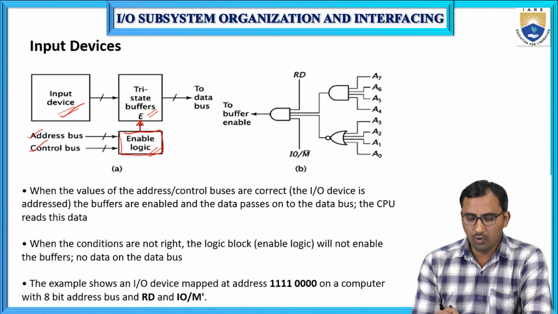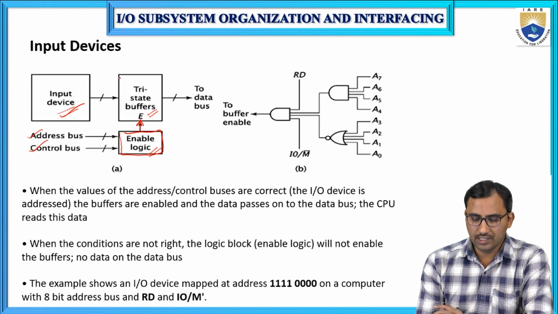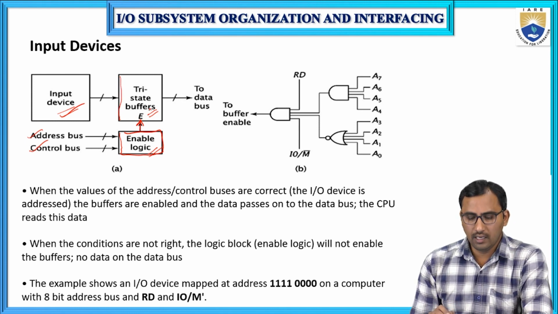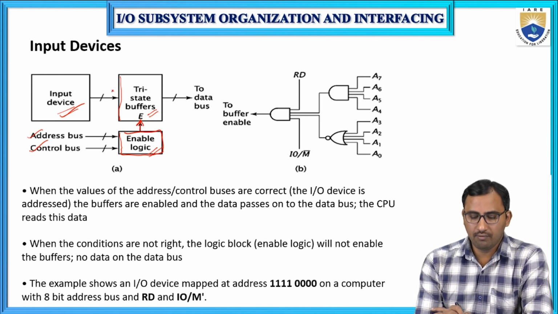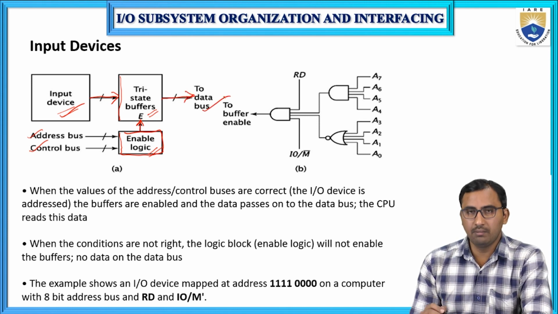That enable output will be applied to the tri-state buffer. Whenever the tri-state buffer receives the enable input, the tri-state buffers will be enabled, so that the data coming from the input device passes through the buffers, and finally that input data is placed on the data bus. From the data bus, the CPU will read that input data. So that is the process going on.